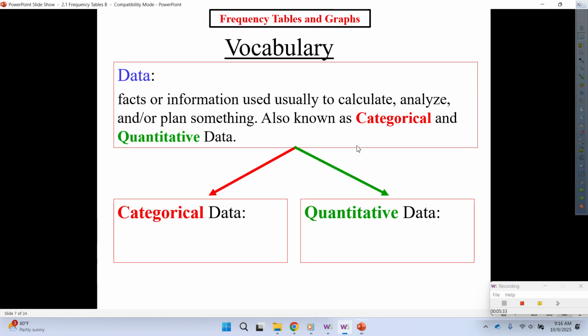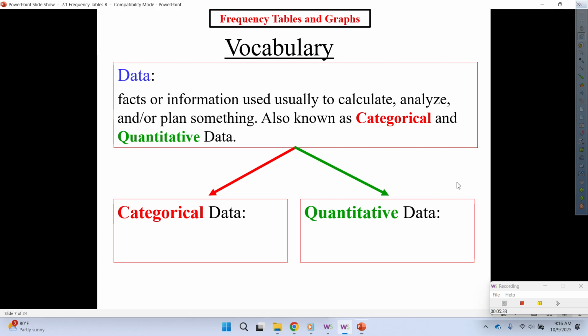All right. So, really quick, tell your neighbor the difference between categorical and quantitative data, please. Lucas got it, but let's go with Aaron. Difference between categorical and quantitative. Not here?